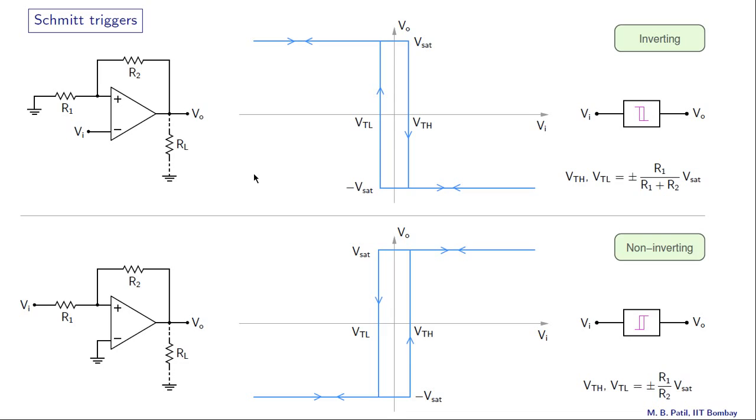Here is a summary of both types of Schmitt triggers which we have seen, inverting and non-inverting. The inverting Schmitt trigger is denoted by this symbol here, and the non-inverting Schmitt trigger by this symbol. Essentially, this symbol comes from the VO versus VI relationship.